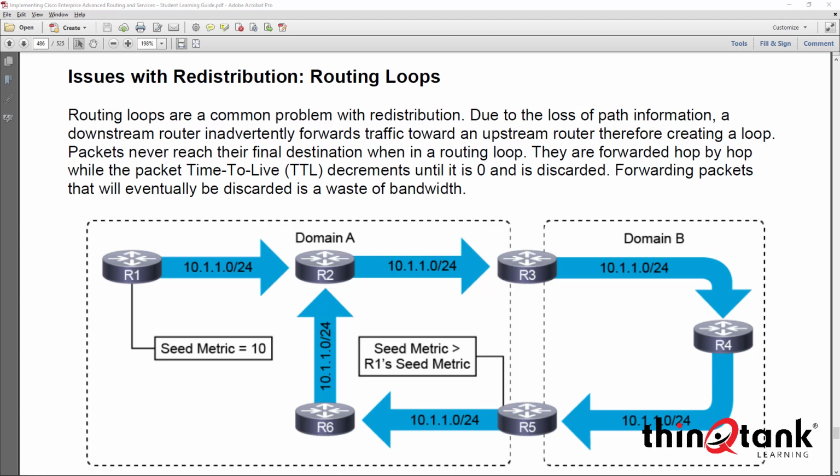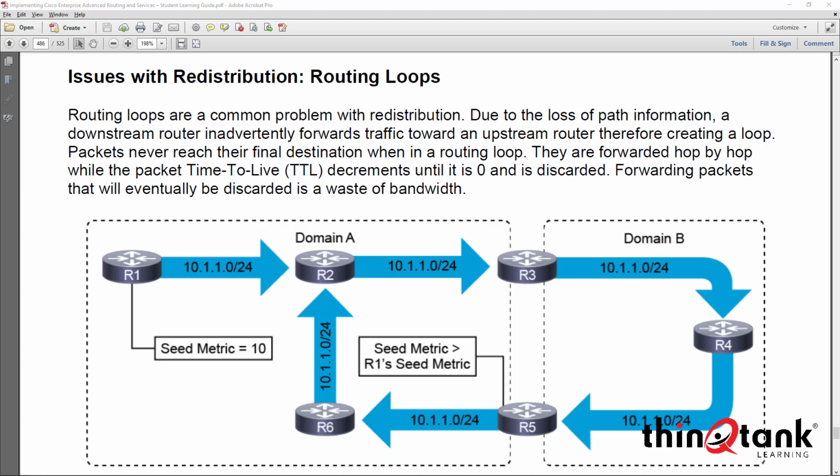So if only the path metric is used to identify the best path, we can modify the seed metric on R3 and R5 to a higher number than the source of the route on R1. That will make sure that router 2, for example, always selects router 1 as the source of the routing table, and that would eventually prevent the packets that are supposed to go to 10.1.1.0 from looping between domain A and domain B.